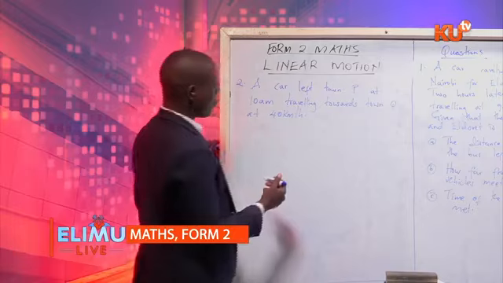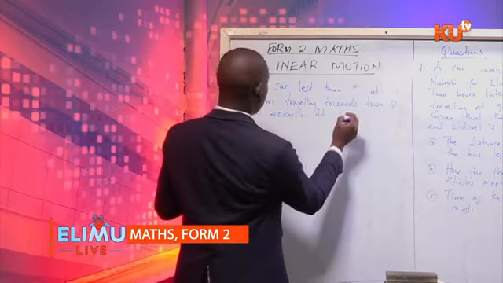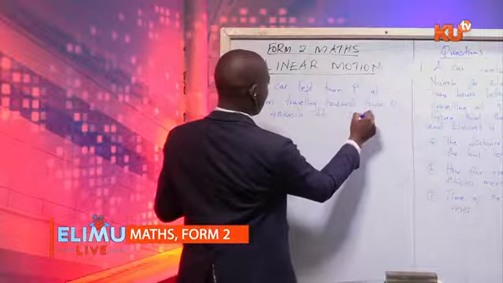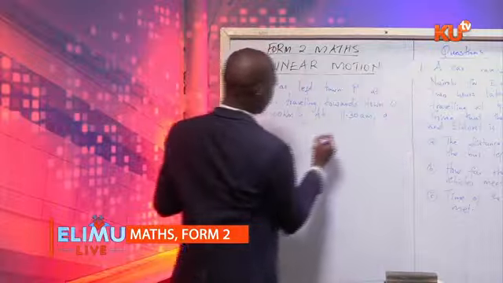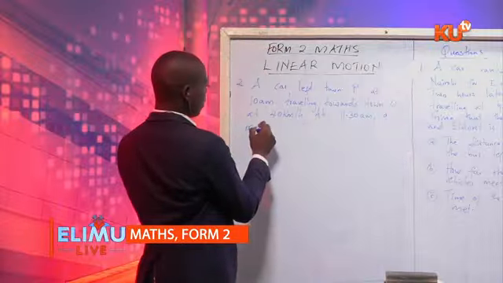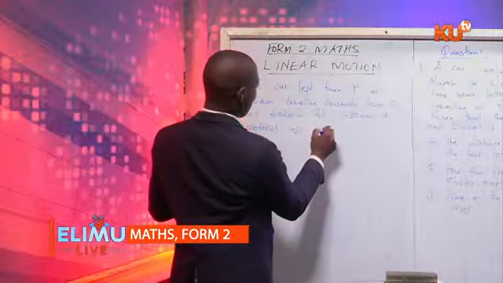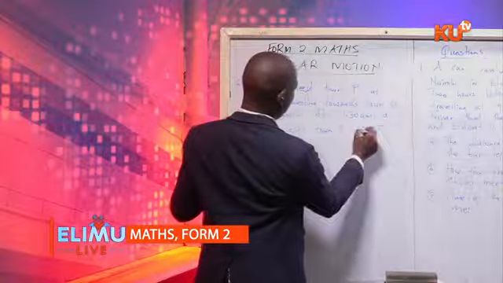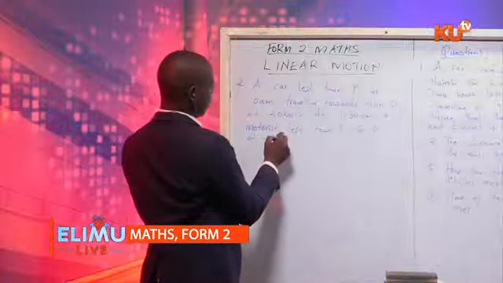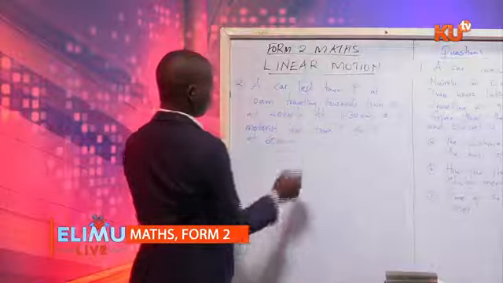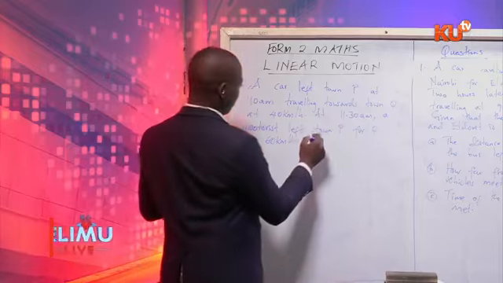Then at 11:30 a.m. a motorist left town P for Q at 60 kilometers per hour.